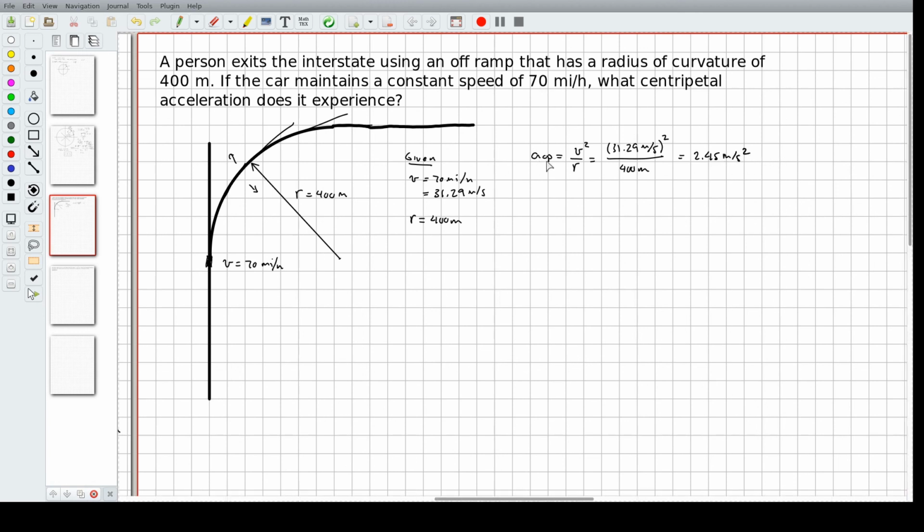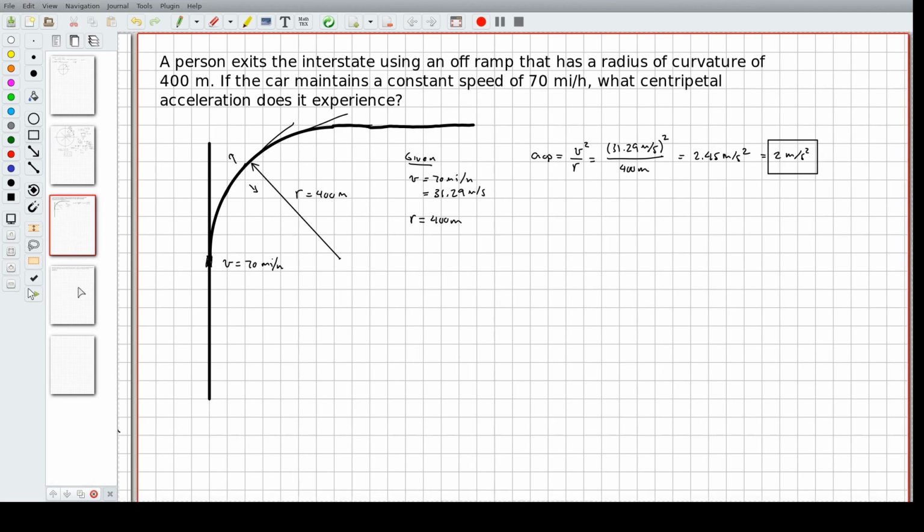This is the magnitude. It's obviously inwards. And so I see one sig fig here, one sig fig here, which means that this is about 2 meters per second squared. So there's your answer right there.